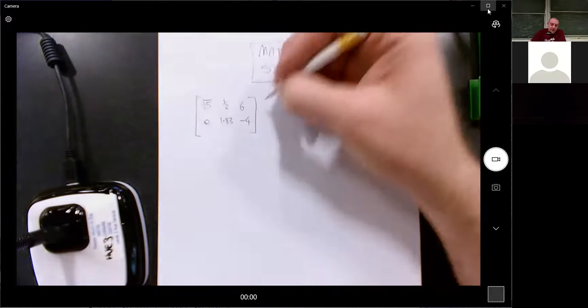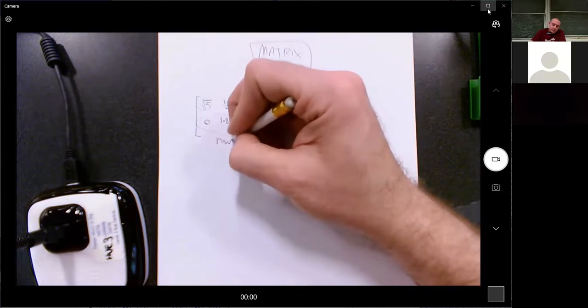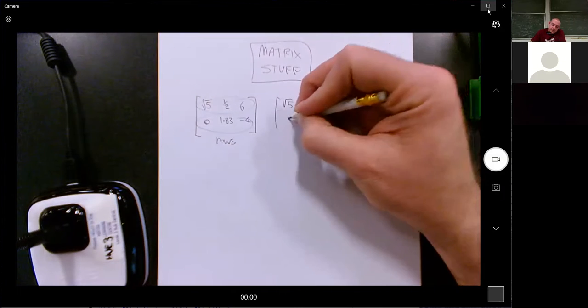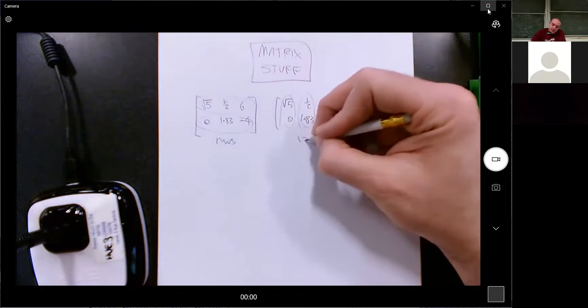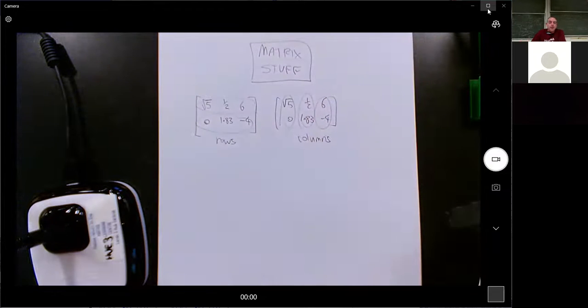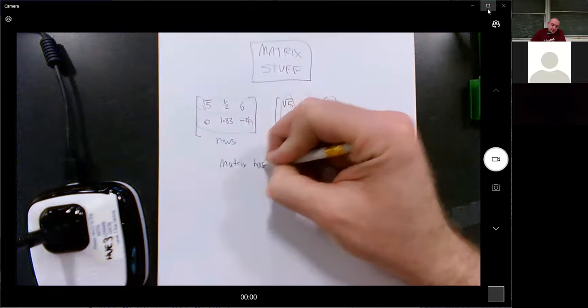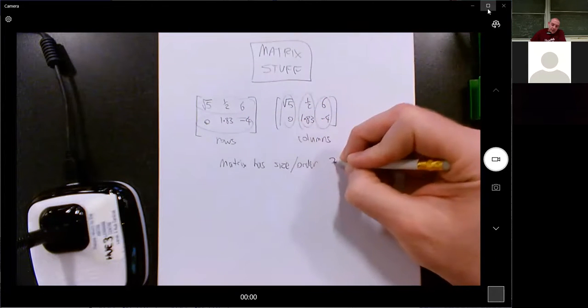These things are rows, and these things are columns, and you say how many rows and how many columns it has by saying this matrix has size, and sometimes people call it order, 2 by 3.